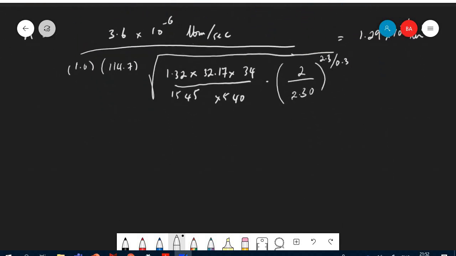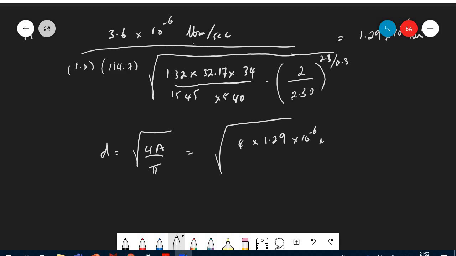That is the area. And if I want to find the diameter, it is just that simple: it is equal to 4 into the area, which is 1.29 into 10 to the power minus 6 inch square, divided by 3.14. The answer will be 1.28 into 10 to the power minus 3 inch.